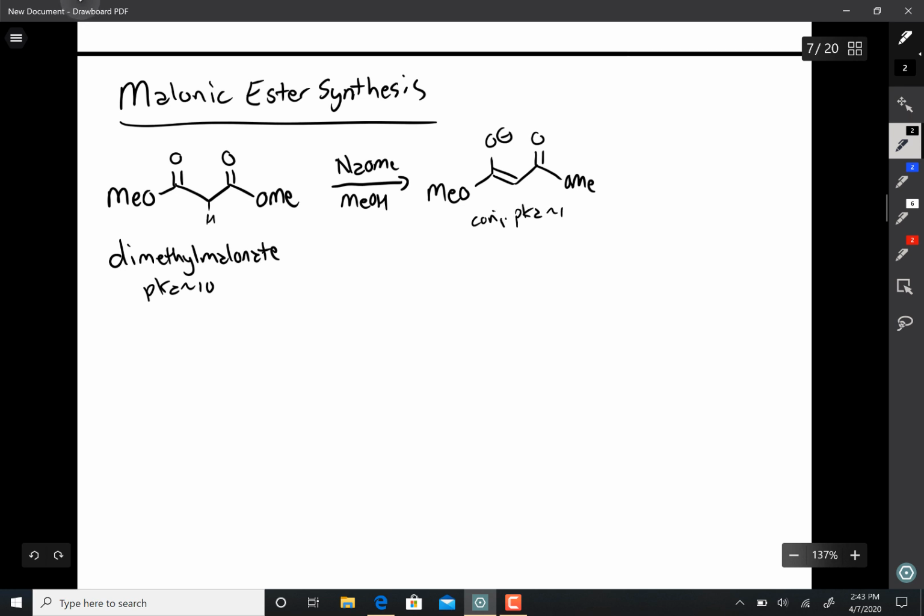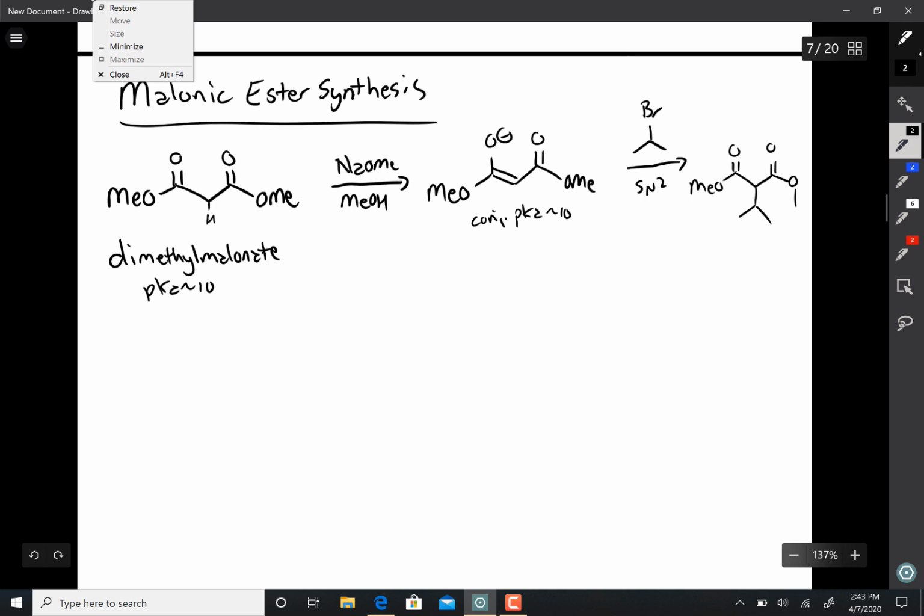It's a moderate base, fully capable of doing SN2 reactions with even secondary carbons. Now this step right here, all it is, is an SN2.